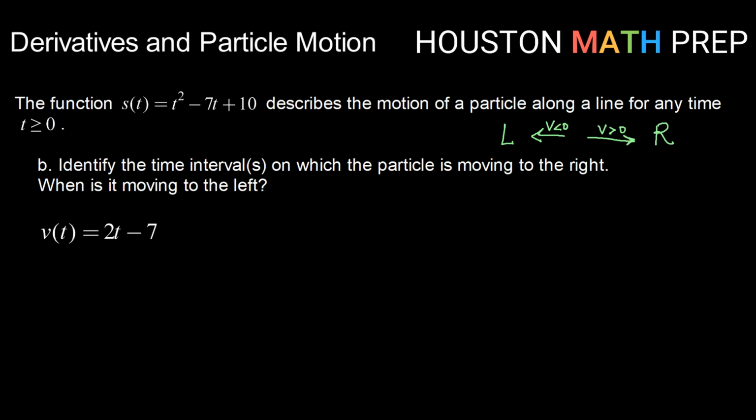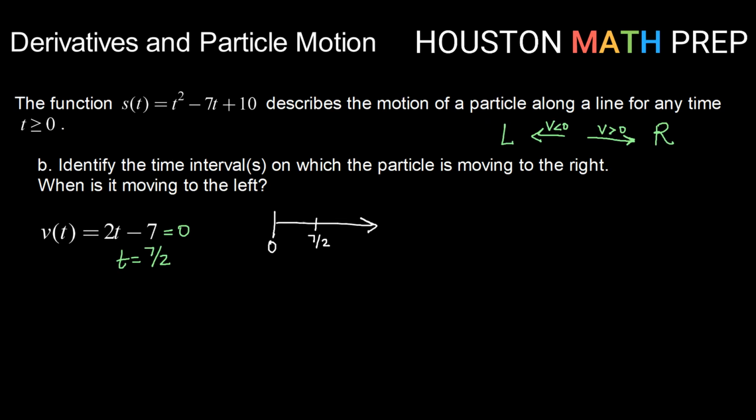So first we need to figure out where is the velocity equal to 0? Well, solving this, I get t equals 7 over 2. So I can think about working on a number line. Typically, our number lines extend from negative infinity to infinity, but here we're only working with positive t values. So we have a value of 0, and then we have a critical value of 7 over 2.